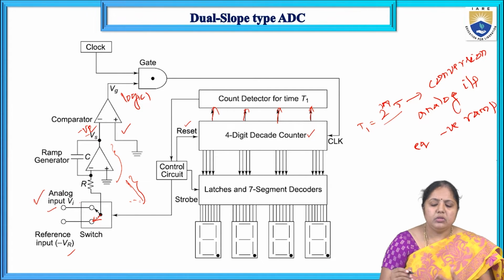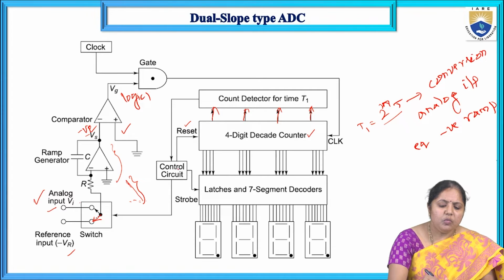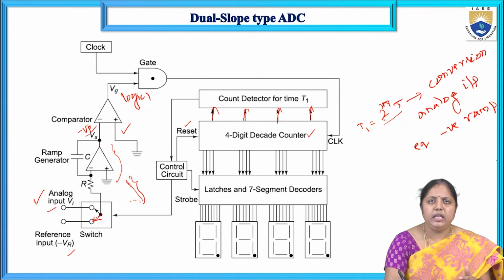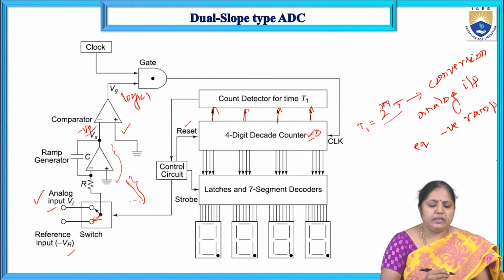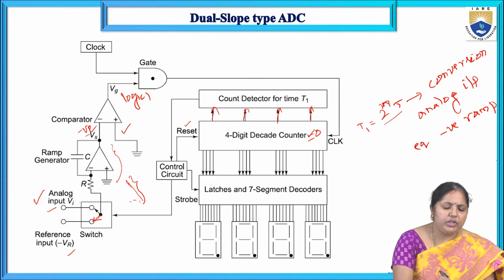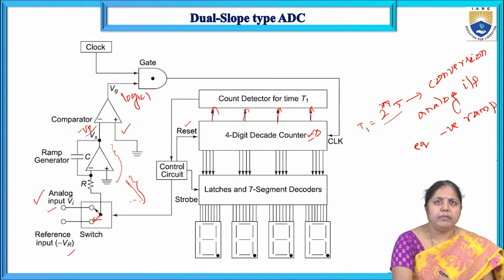During this time period, the input analog signal is converted into the negative type of ramp signal, right? So later, once the control circuit has reset, whatever the 2 power n into T counting value is, that will be reset and again it will come to 0, and at the same time your switch position will change from analog input voltage to the reference voltage position, minus VR.